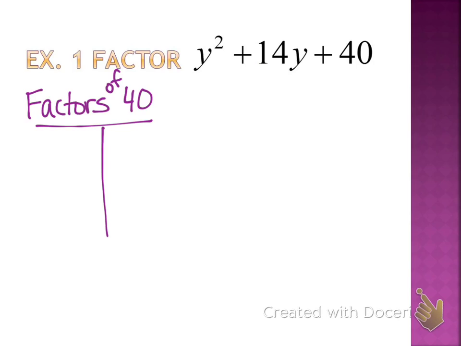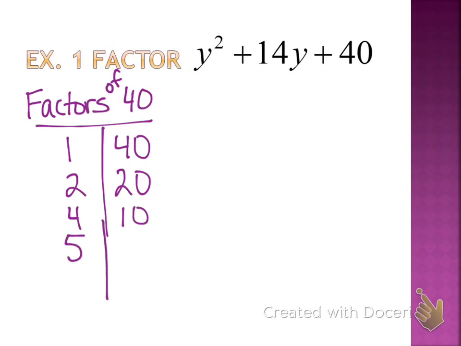When we list pairs of factors, we start with 1 times 40. Then we would check 2 times 20. Should 3 go on my list? No. What about 4? 4 times 10. Should 5 go on there? 5 times 8.